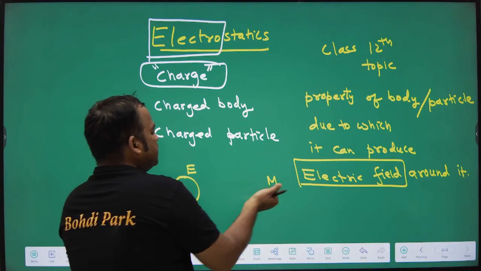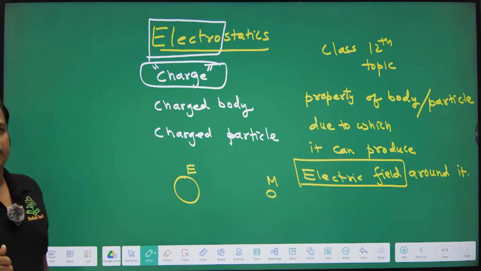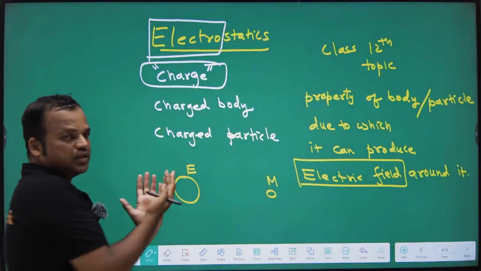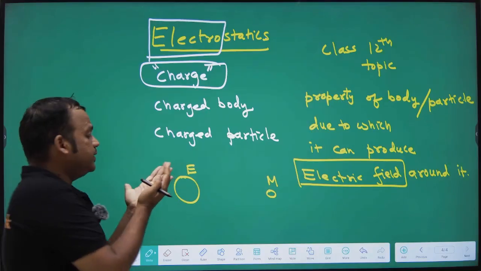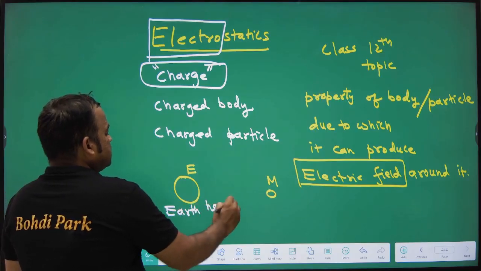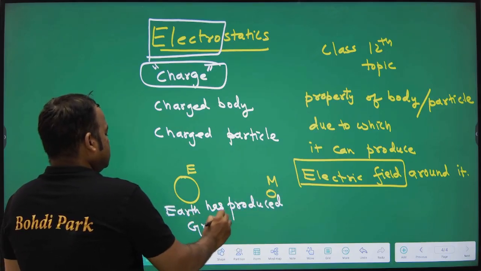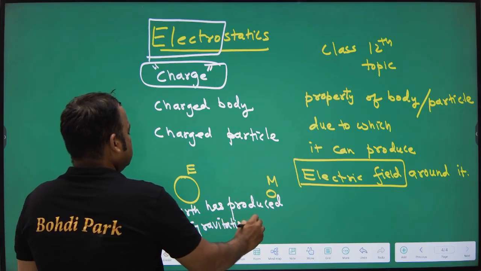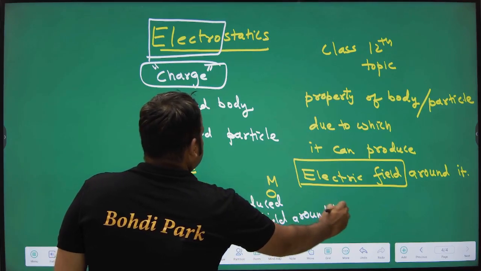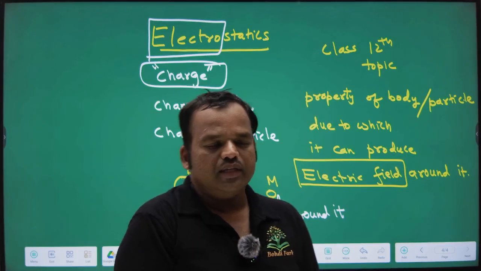So Earth is exerting a pull force on the Moon, and the Moon is exerting a pull force on the Earth, because the Earth has produced a gravitational field around it.